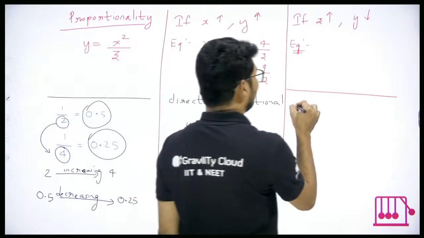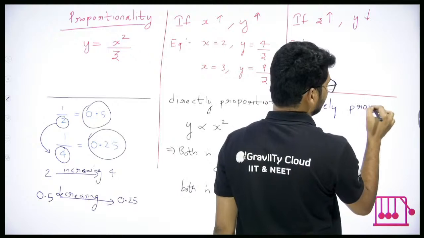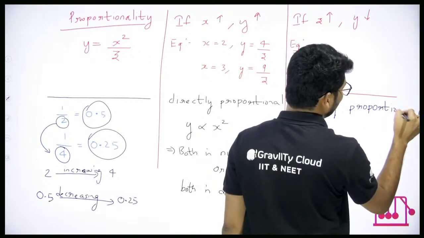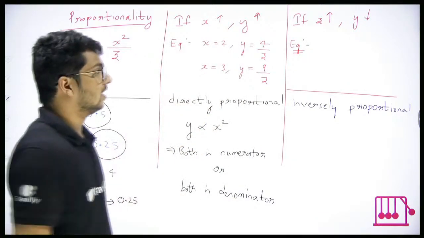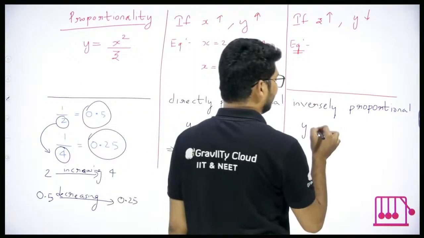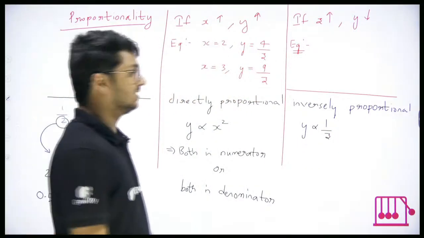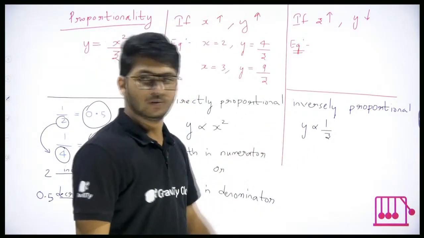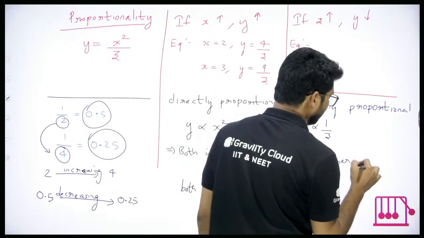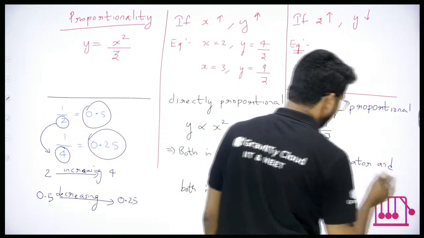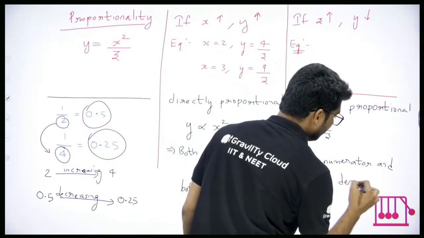We call it inversely proportional. Different proportionality, you have to know the terms. Directly proportional, one increases, the other also increases. Inversely proportional, the opposite: one increases, the other decreases. So we say y is inversely proportional to z. And as you can see, z in the denominator, y in the numerator. So one in the numerator and the other in the denominator. That's how it will work.